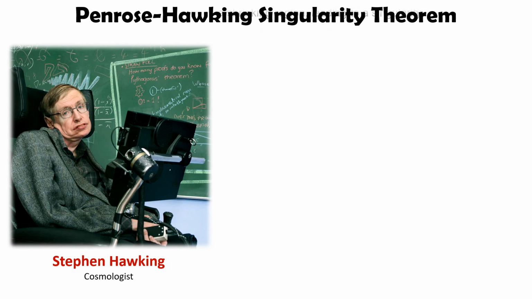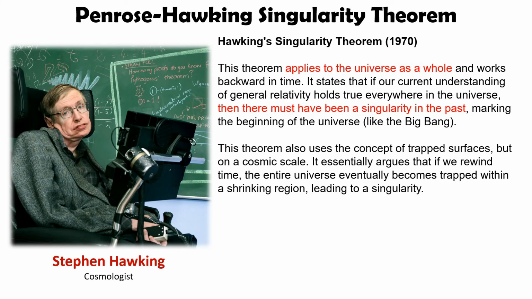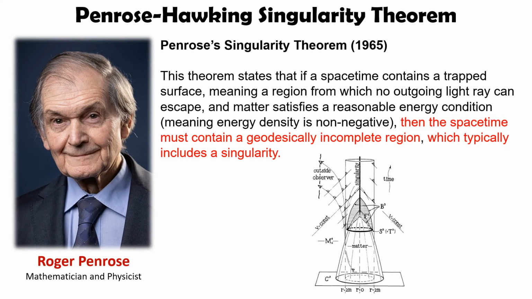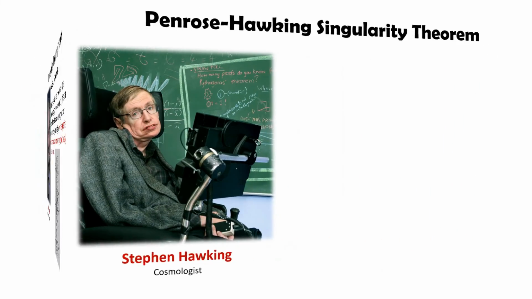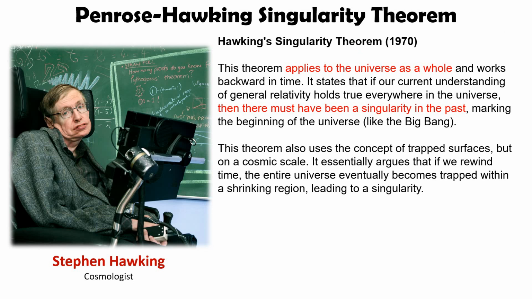Later, Stephen Hawking also made his own singularity theorem. And you see, Roger Penrose's theorem was applicable only to black holes, while Hawking's singularity theorem was applicable to the entire universe. So walk back in time, and it says that if our current understanding is good, then there must have been a singularity in the past.